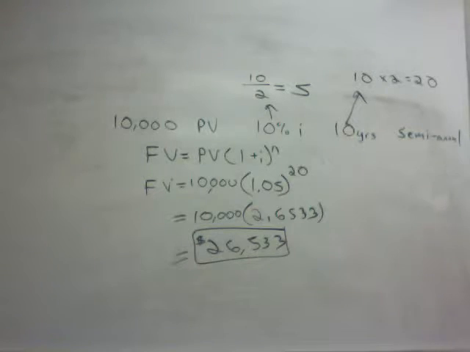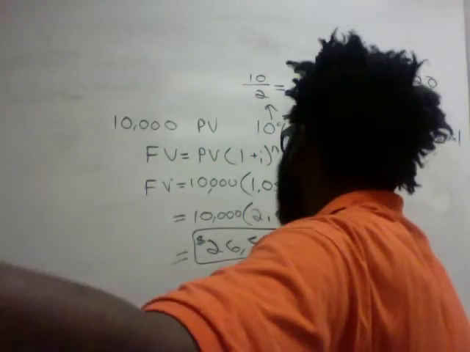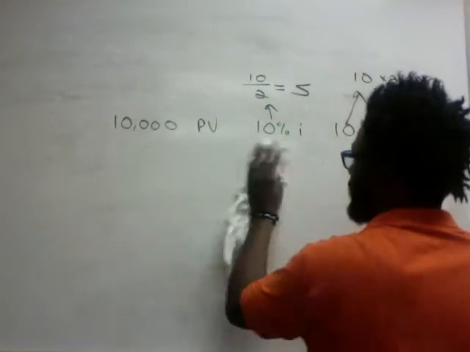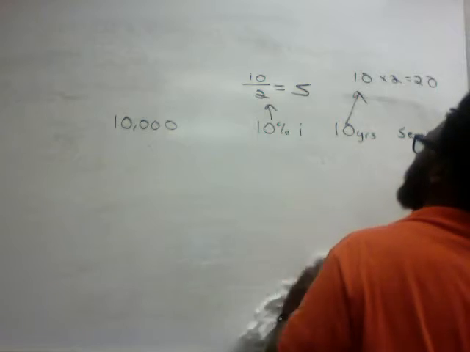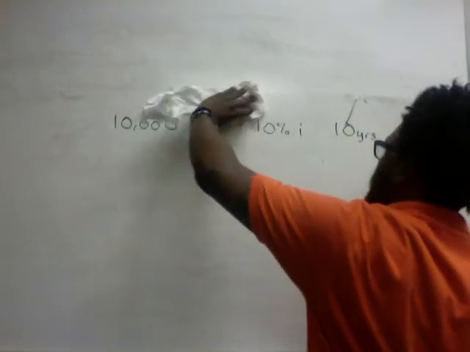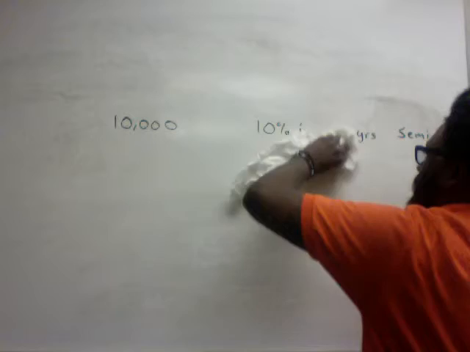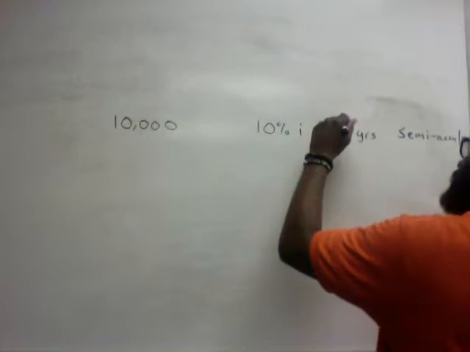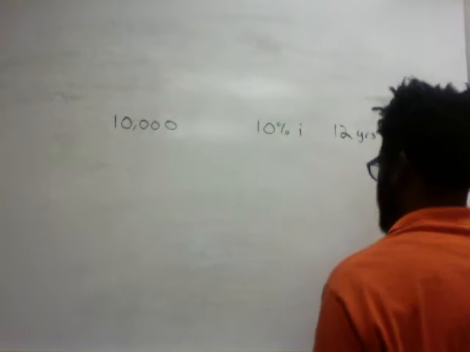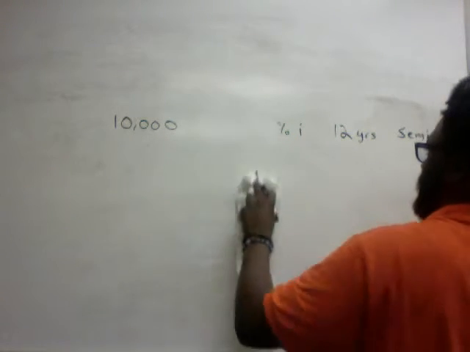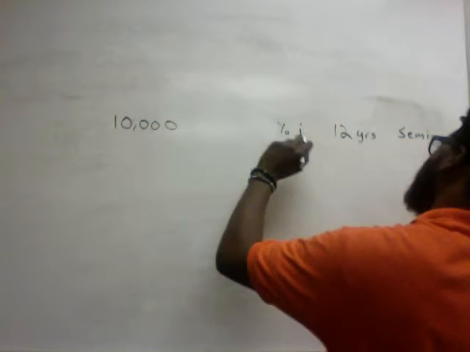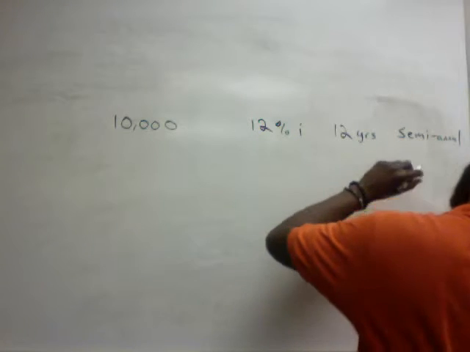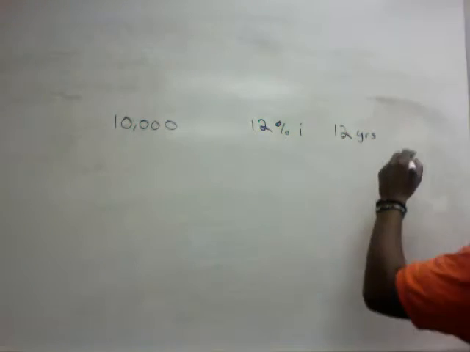Now, let's take another example. This time, instead of calculating the future value, let's calculate the present value. Let's bump this to 12 years, 12%, and let's change this to monthly.